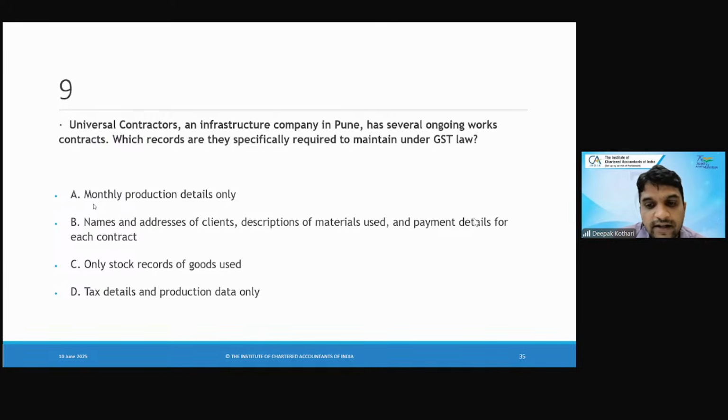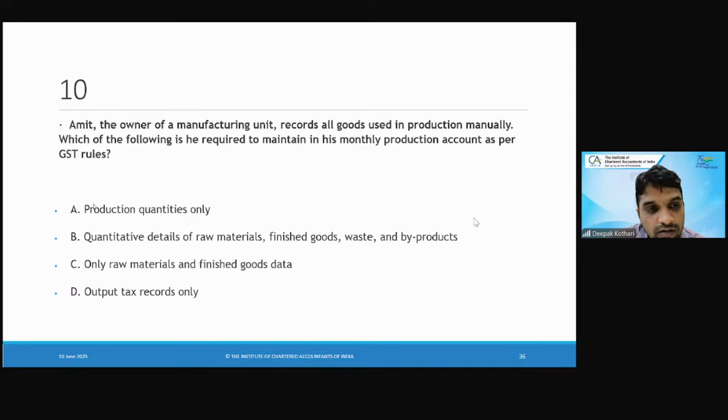Ninth option is right. It is B. Names and address of the clients, description of material used, and payment details of each contract.